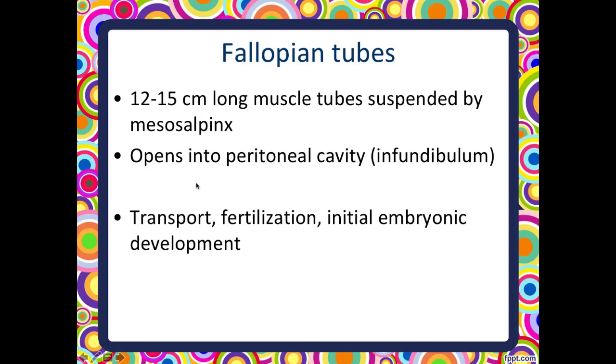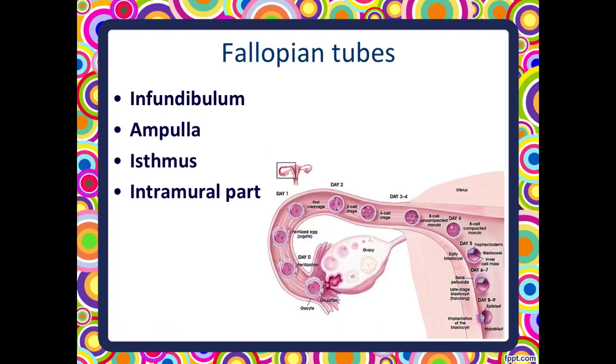The purpose of fallopian tubes is the transport and fertilization, and of course, to ensure the proper environment for initial embryonal development. It has 4 parts.